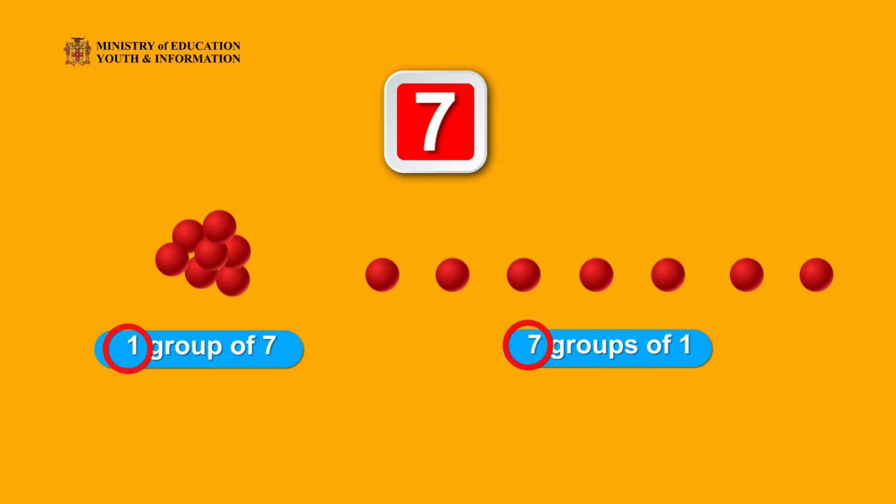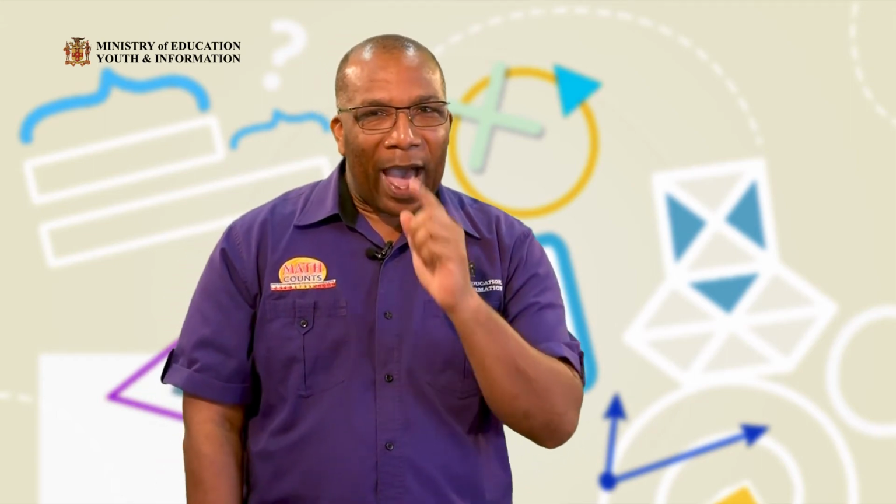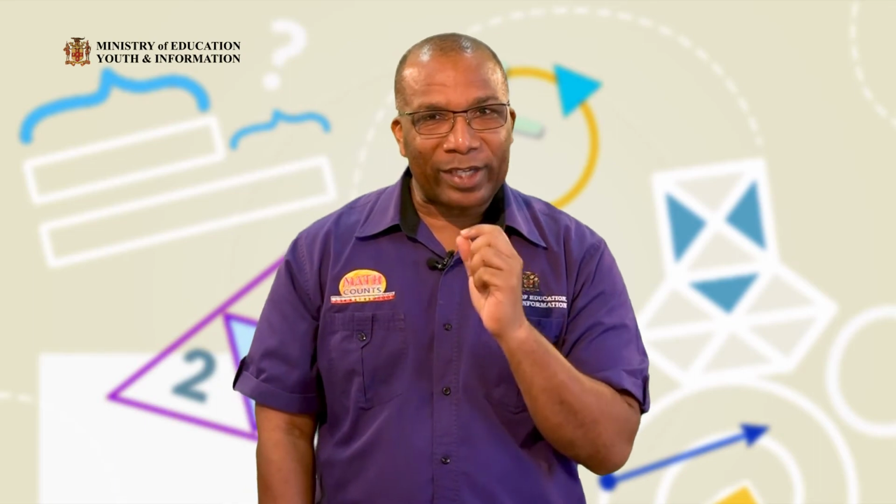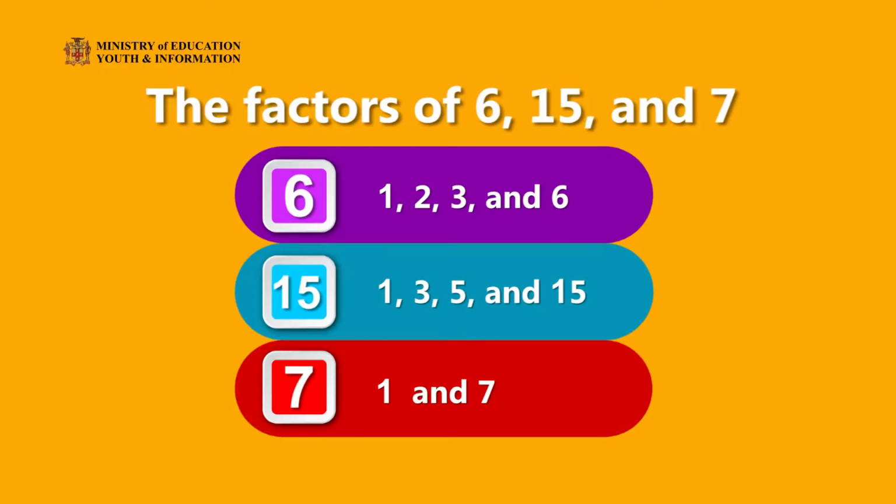Great job so far. Let us further investigate the 3 numbers used in our example and their factors to see what else we can determine. Here are the three numbers and their factors. 6 and its factors, 1, 2, 3, and 6.